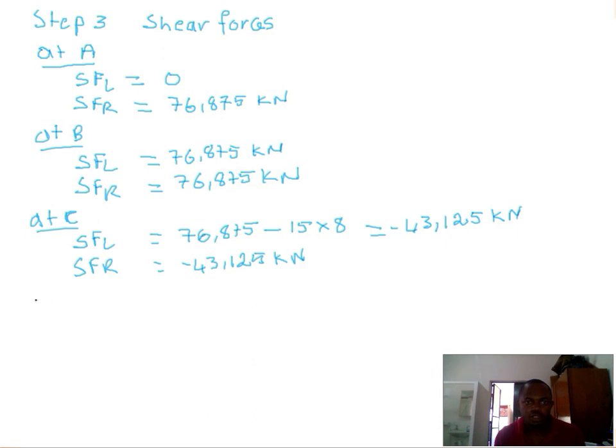And the shear force now at D left is also equal to 43.125 kilonewton.